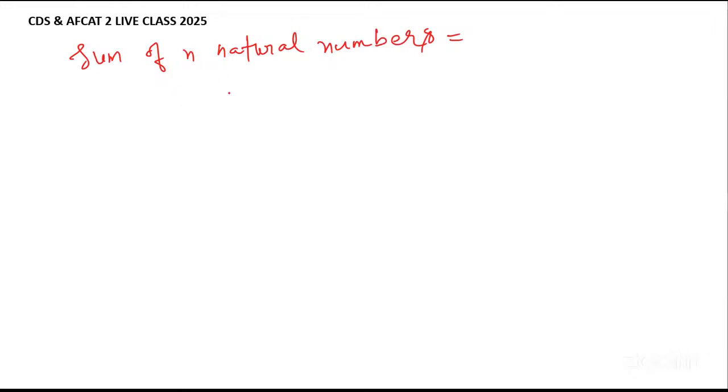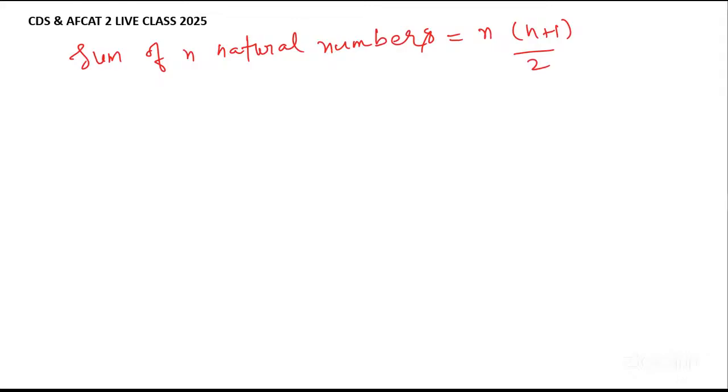The sum of n natural numbers, it is n into n plus 1 by 2. Very good, you have given the correct answer. So the sum of n natural numbers is n times n plus 1 by 2.